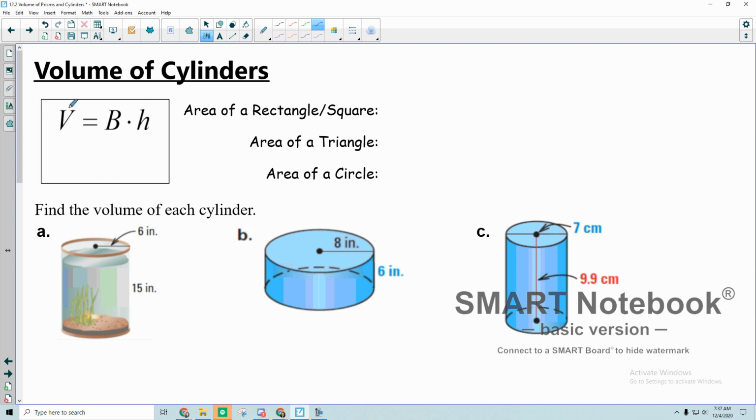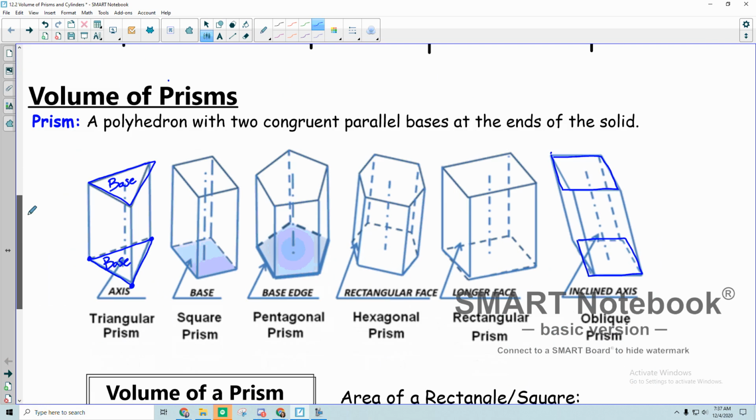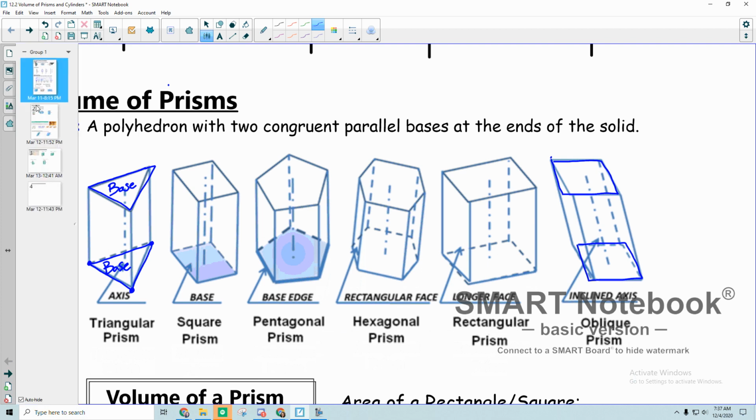to get this formula. So the formula is that the volume, okay, the space that it takes to fill this up, how much water could this tank fill up with, the amount of water, that's the volume, the space that it takes up. That's going to be equal to the base. We just talked about the base a second ago.